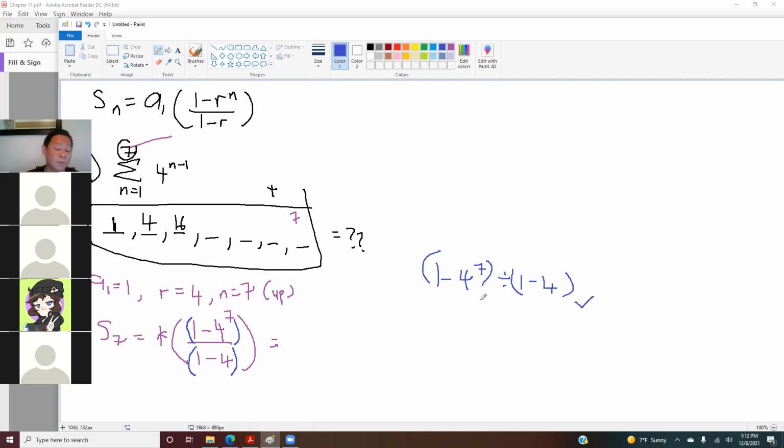This is the correct way to do it, and that will be your answer in this case. Make sure you know the power of parentheses. So you get 5,461.